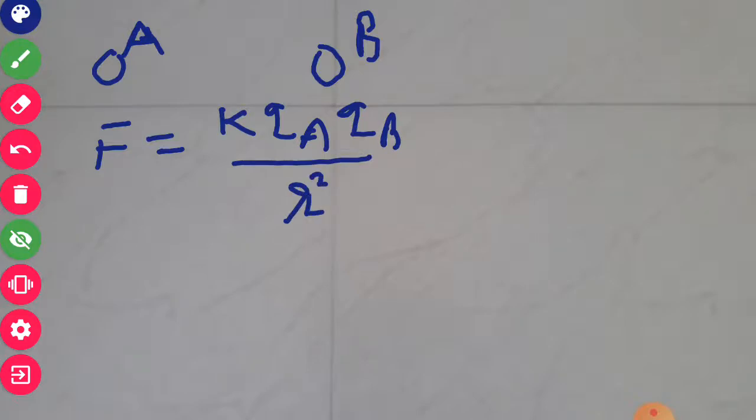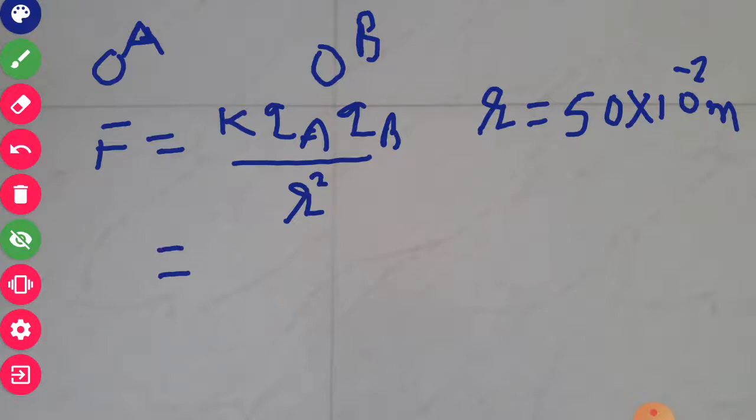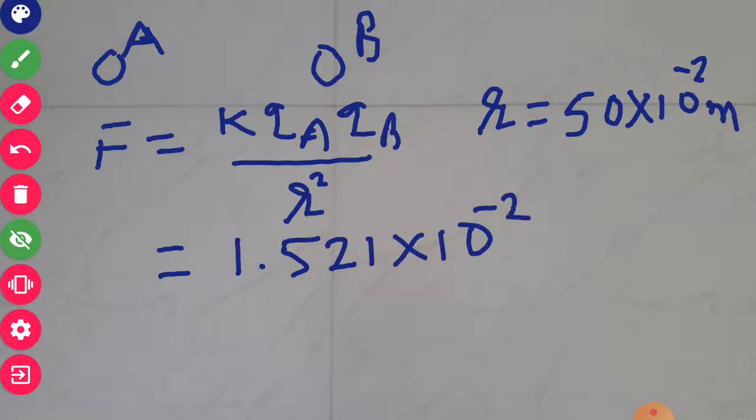QA and QB are both the same, and the value of K is known to you. The distance between the two is 50 centimeter, so R we have to take as 50 into 10 raised to minus 2 meter. Placing all these values, you get the force, which is 1.521 into 10 raised to minus 2 Newton. Just substitute the values and you will get the answer.